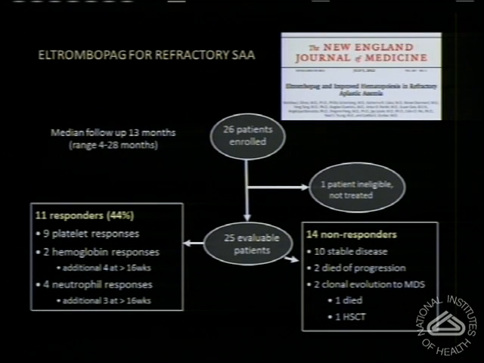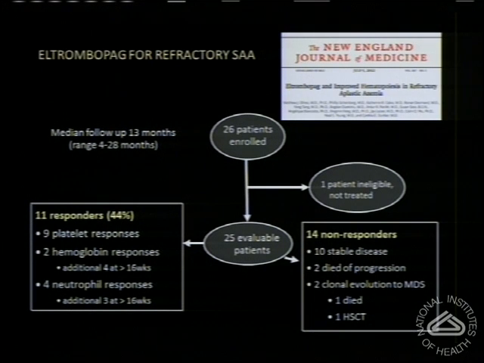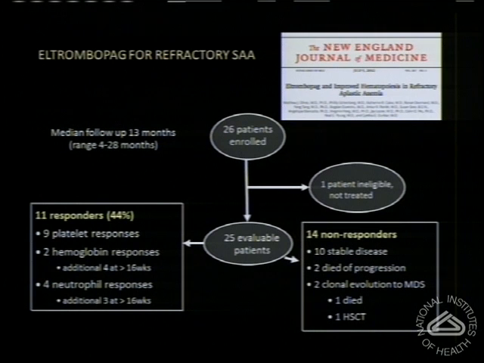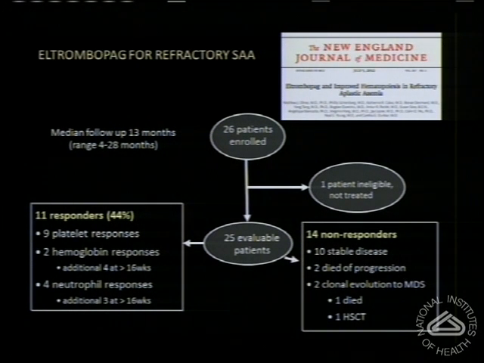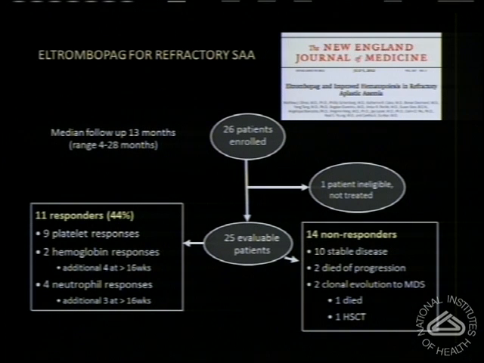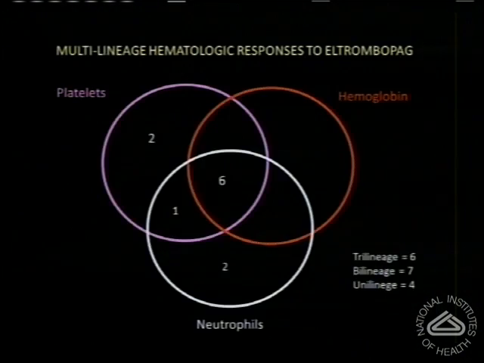So this is the study. You can see that it was successful because there's a little New England Journal logo at the top, but it was successful not because it was negative, but because it was surprisingly positive. So amazingly, almost half of these patients that we treated, who were just sitting there in clinic doing nothing, responded, and their responses were very striking. Not only was the response rate relatively high, almost 50%, but the responses were very robust.